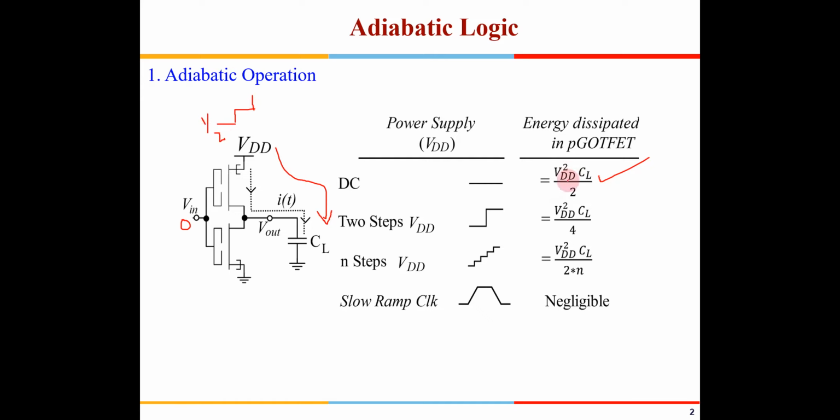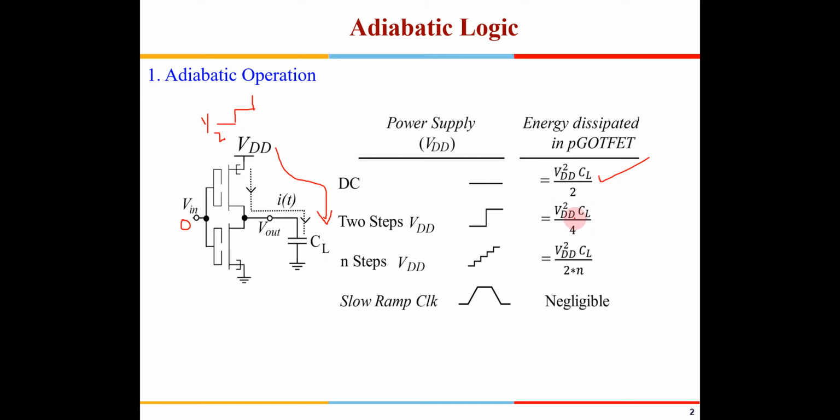So if I put in this equation VDD by 2 for the first half cycle, the power which gets dissipated is VDD by 2 square, that is 4, and you have one more 2 in the denominator, so it comes out to be VDD square CL by 8. In the next step, again I am going from VDD by 2 to VDD. In that case also the total net change in VDD will be VDD by 2.